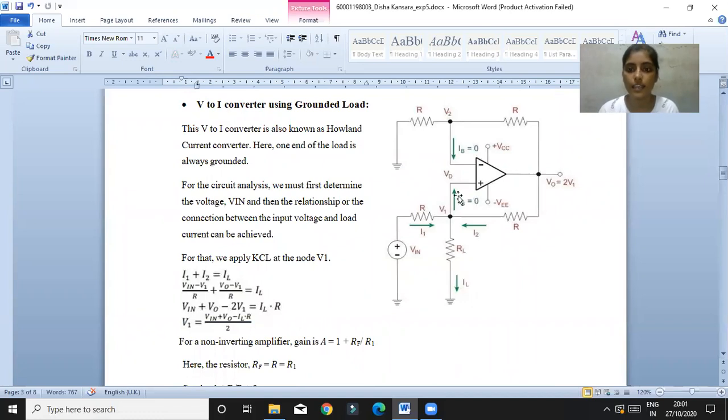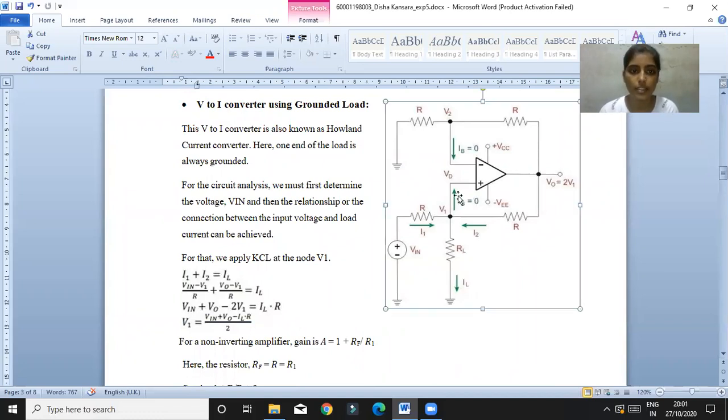Here is the V2I converter using a ground load, also known as the Howland converter, where one end of the load is always grounded. First we determine the voltage V1 and then the relationship between the input voltage and load current.